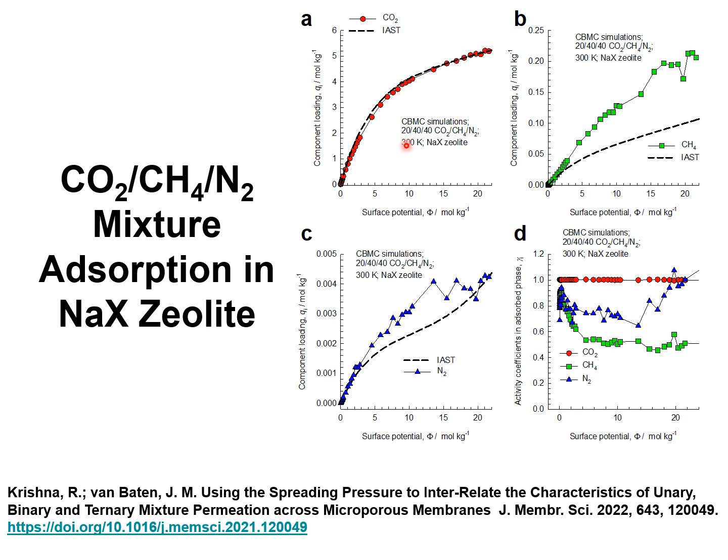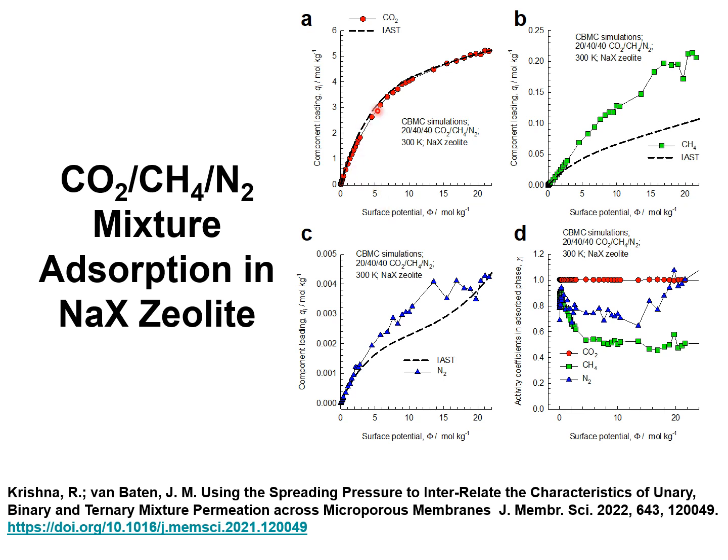The ratios of the three guest adsorbates, CO2, methane, and nitrogen, in the bulk gas phase mixture was held constant at 20, 40, 40, and the total fugacity was increased from very low values of say 1 Pascal to high values of 1 megapascal, indicating approach to pore saturation. The component loadings for CO2, methane, and nitrogen are plotted as a function of the surface potential.